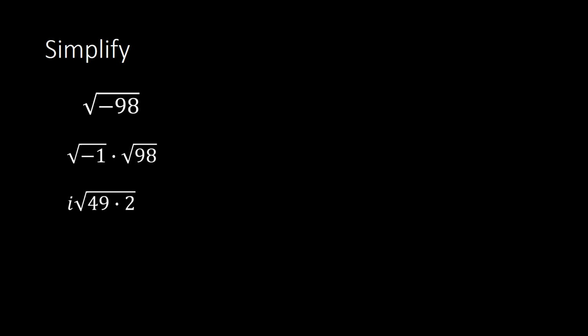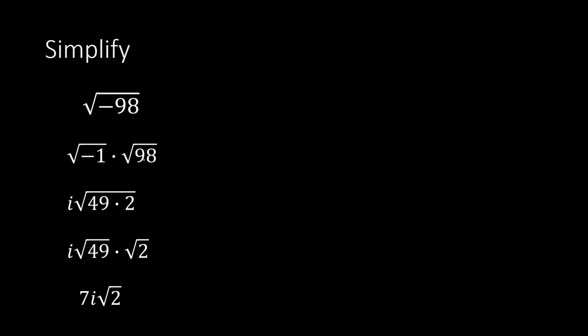And then the square root of 98 we can break down, and we can think of this 2 different ways. We can think of this as the square root of 49 times 2. And the square root of 49 times 2 can break apart to be the square root of 49 times the square root of 2. And the square root of 49 would be 7.